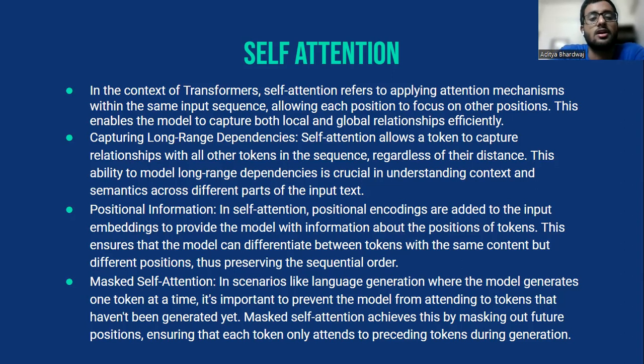This ability to model long-range dependencies is crucial in understanding context and semantics across different parts of the input text. Positional information. In self-attention, positional encodings are added to the input embeddings to provide the model with information about the positions of tokens. This ensures that the model can differentiate between tokens with the same content but different positions, thus preserving the sequential order.